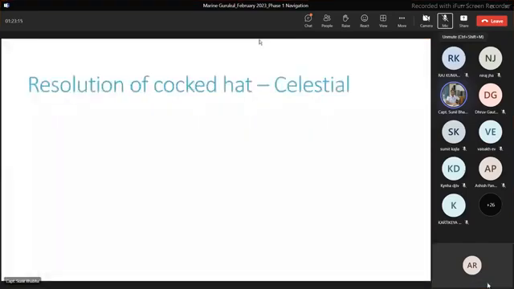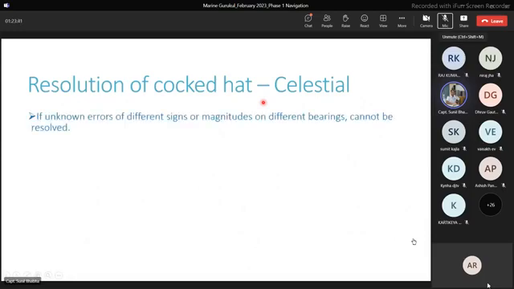Let's now move on to the resolution of a celestial cocked hat. A celestial cocked hat means that we have taken 3 observations using celestial objects and we have obtained 3 position lines. When we plot these 3 position lines on the chart, they do not intersect at a single point and instead make a triangle. This triangle is known as a celestial cocked hat.